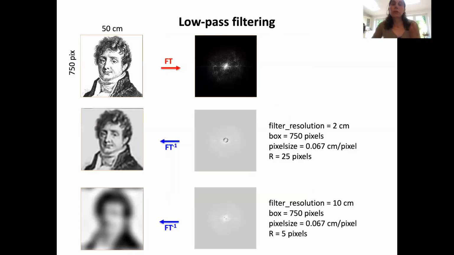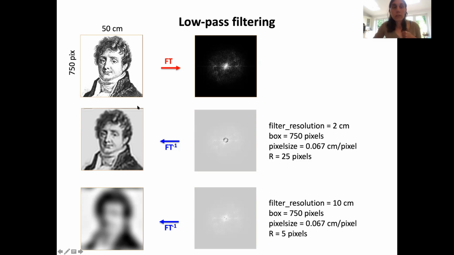Right, so let's look at an example of low pass filtering to see what it actually does to our images. So here we have again Fourier with its Fourier transform, and we can low pass filter Fourier by applying a mask and removing everything that is outside a certain radius of its Fourier transform.